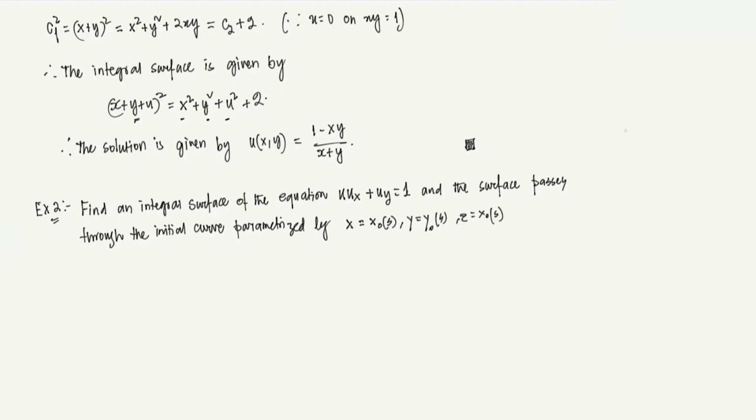Clear? So think of it like this: we are trying to find an integral surface. What is the speciality of it? If you solve the equation, you will get some u, and that u is from a subset of R2 to R. If you look at the graph of that function, it is in R3, which is actually a surface.